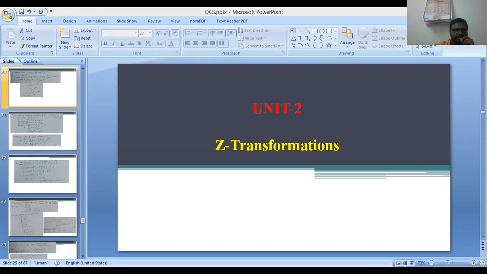The inverse Z transformation methods are of three different types. One is the partial fraction method, second one is the power series method or long division method, and the third one is the residue method.